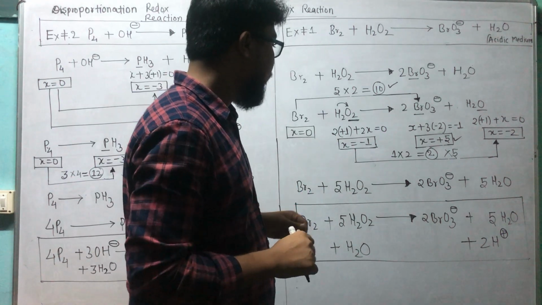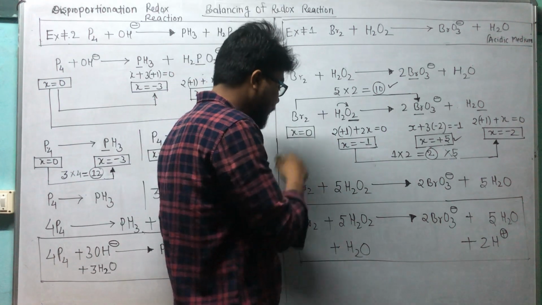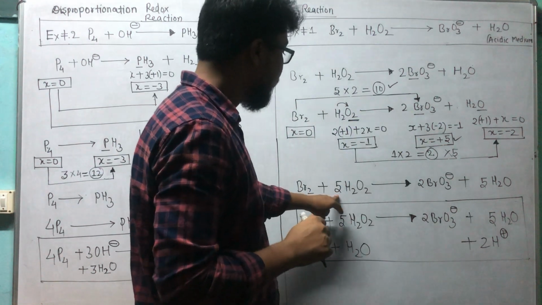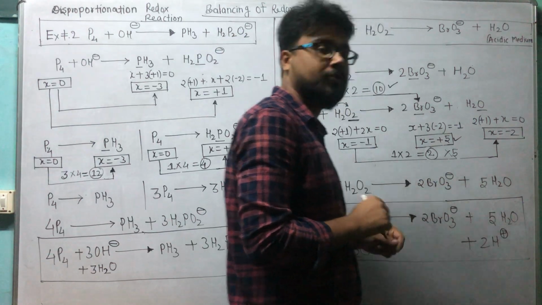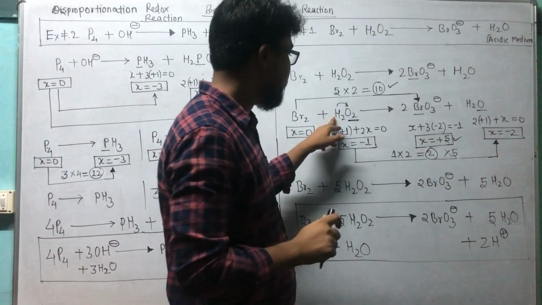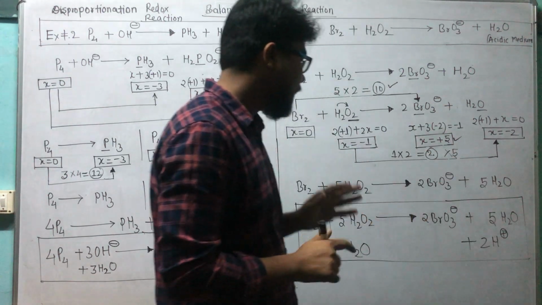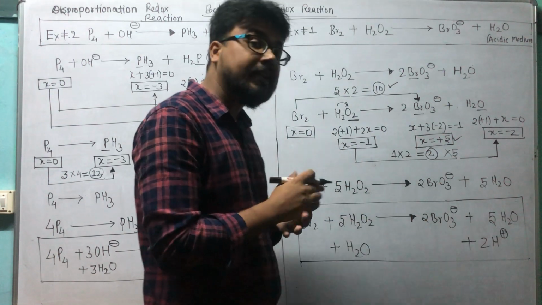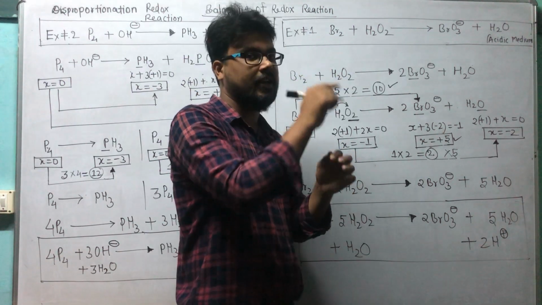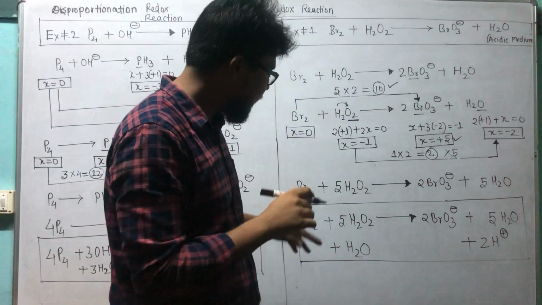Next, I will put this 5 in front of these where the change is taking place. That's why I wrote here, see, bromine to bromine, it is as it is. Here 5H2O2 and 5H2O. Are you getting me? Yes. Now, after that, for acidic medium, I will balance the oxygen atoms.